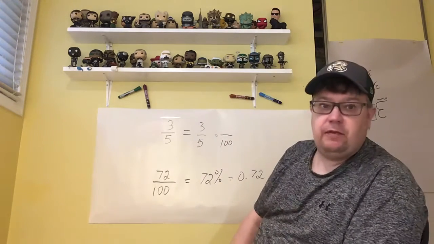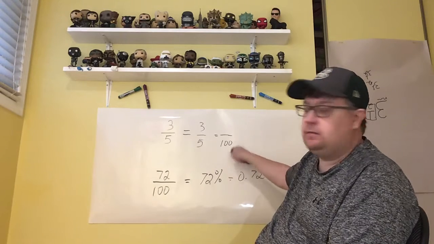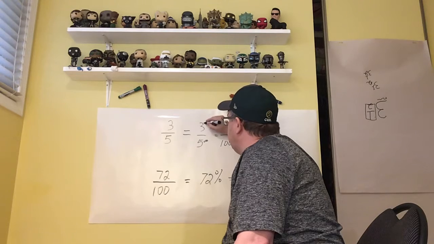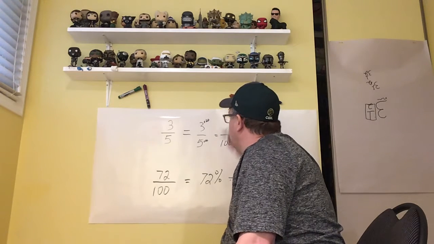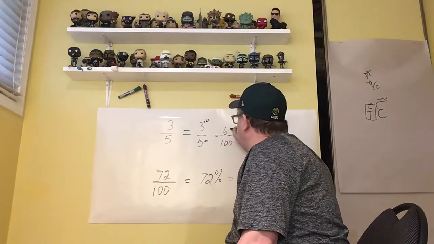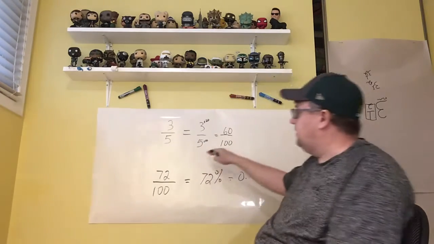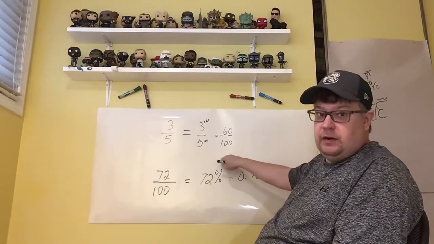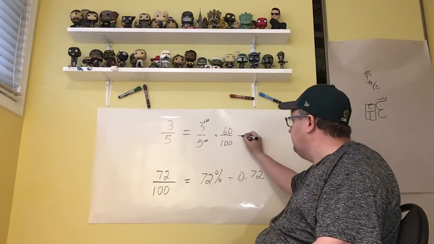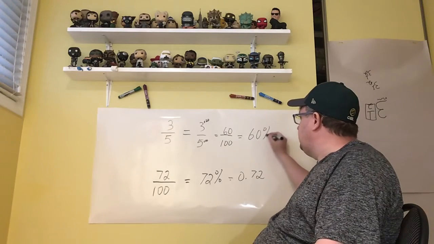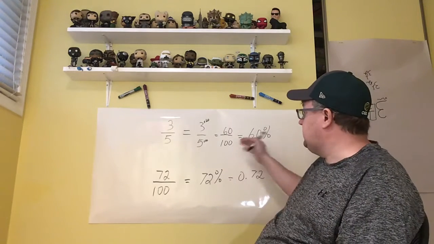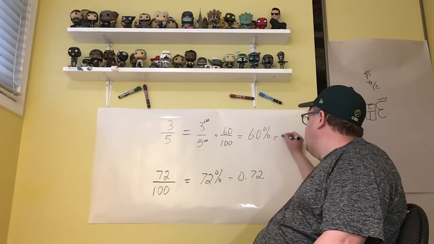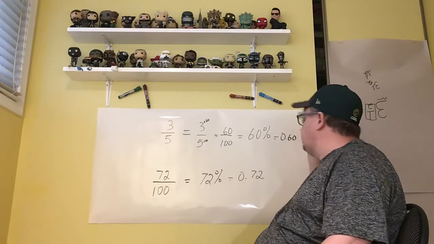What number do I multiply 5 by to get 100? 20. And the same for the numerator. So 3/5, converted to 100, which is an equivalent fraction, is 60 over 100, meaning 60%. And converting this into a decimal, 60 hundredths, you would put 0.60.